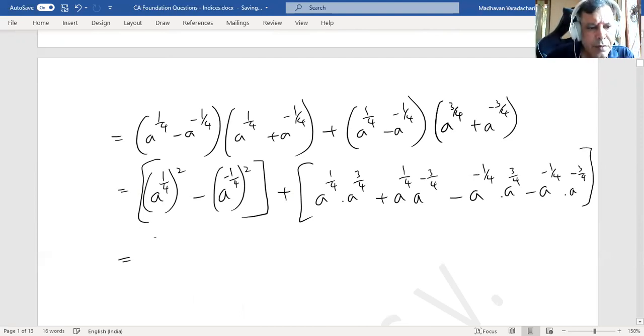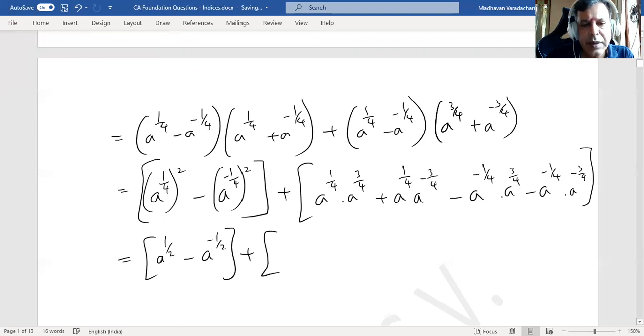Now, the first term will become a power half, and this is a power minus half, plus this will become a power 1. This will become a power minus half, and this will become a power half, and the last one will be a power minus 1.